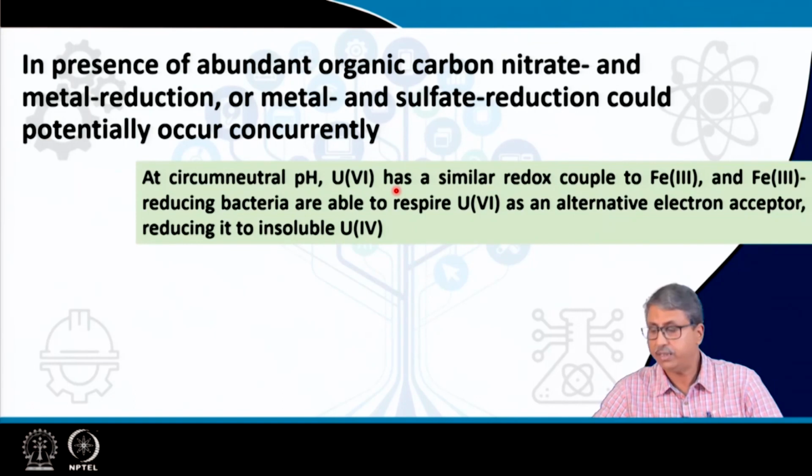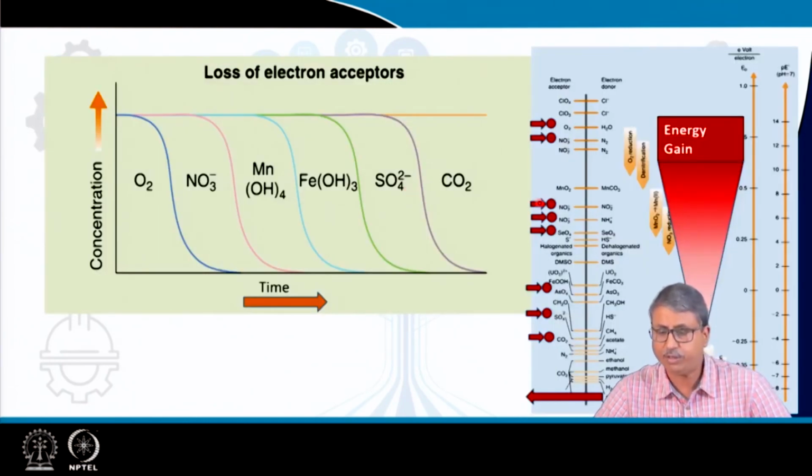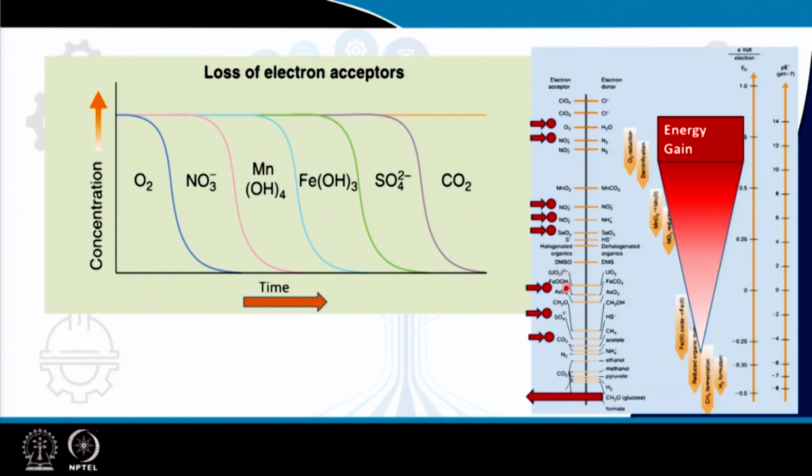Now, particularly at pH close to neutrality, uranium 6 has a similar redox couple to Fe3, and Fe3 reducing bacteria are able to respire uranium 6 as an alternative electron acceptor, reducing it to insoluble uranium 4. So, if we go back here, we will be able to see that we have this redox potential data, and with the pH values and also the redox couples are shown.